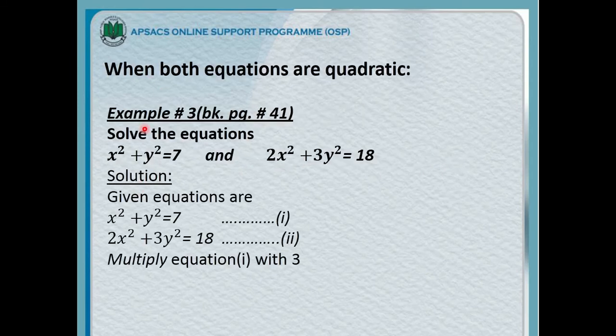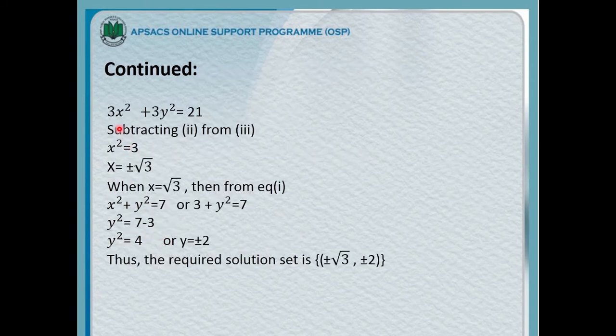Let's discuss another example in which two equations are given, which are both quadratic. So equation number 1 and 2 are the given equations. We will multiply equation number 1 by 3 to get the coefficients of y square the same. After multiplying equation number 1 by 3, we get this equation.